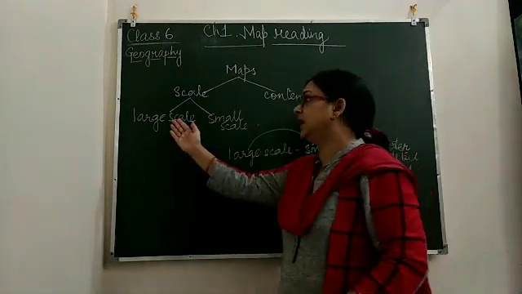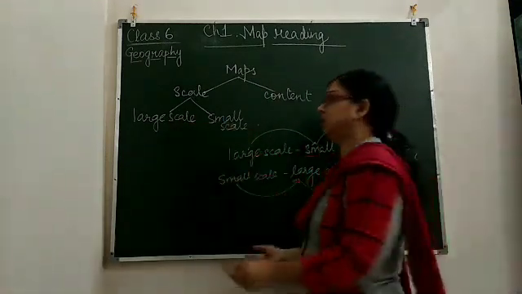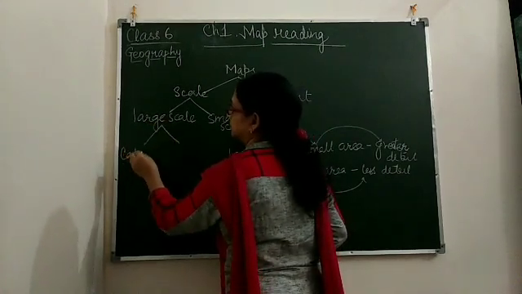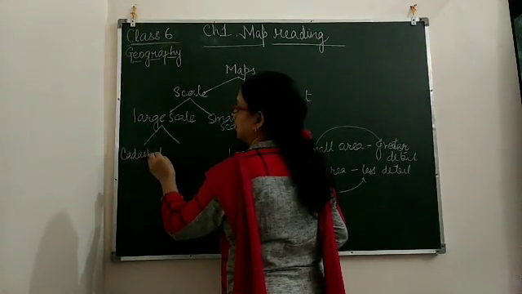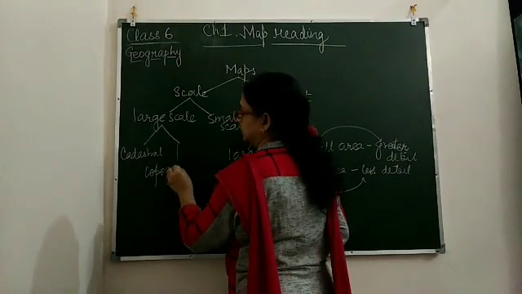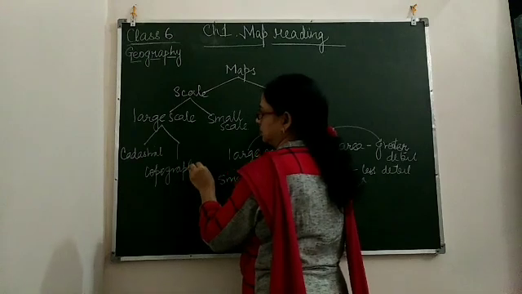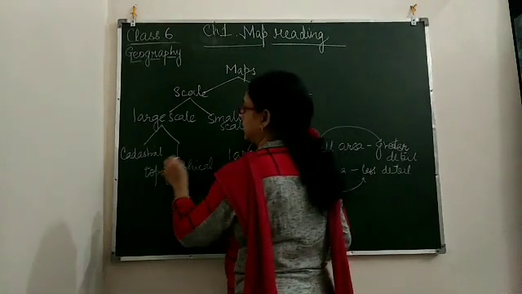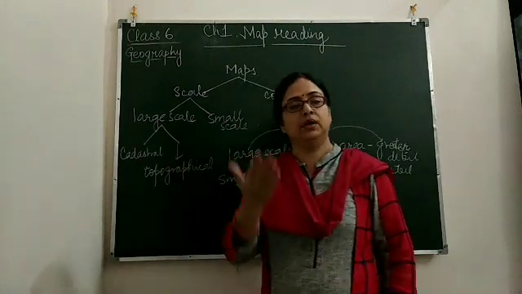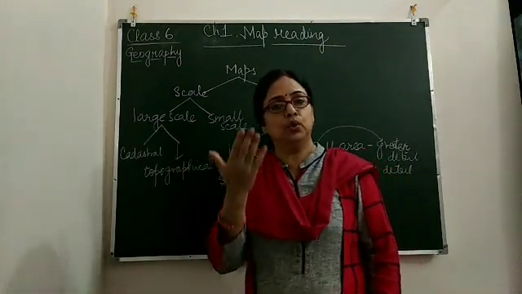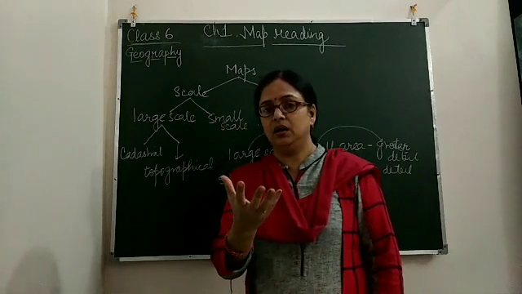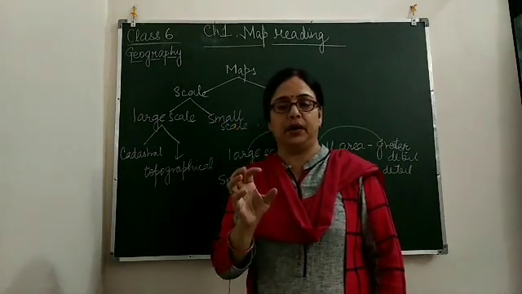Next, the large scale map is further divided into two: the cadastral map and the topographical map. What is the difference between them? The cadastral map is used to know about the area of the property occupied.